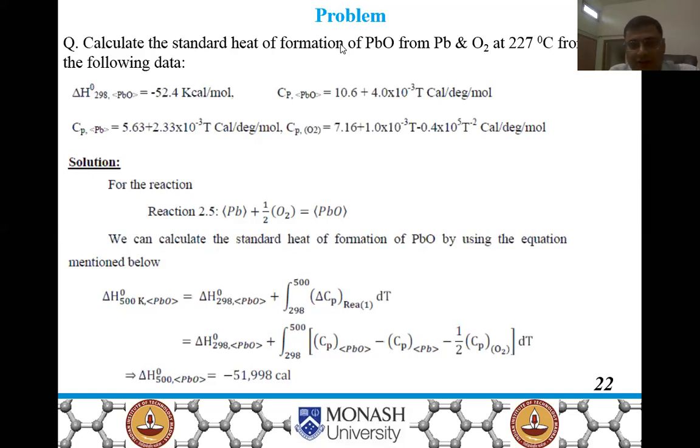Now we put in the values from the given relations for Cp in terms of temperature, and we find that delta H 500 for PbO comes out to be minus 51,998 calories.